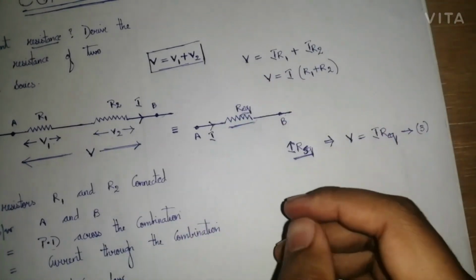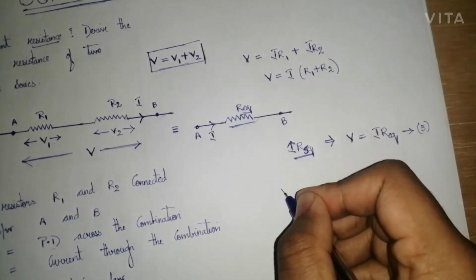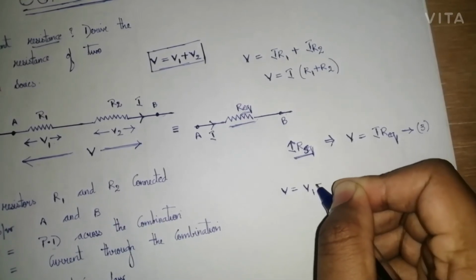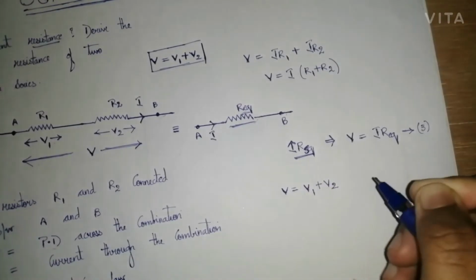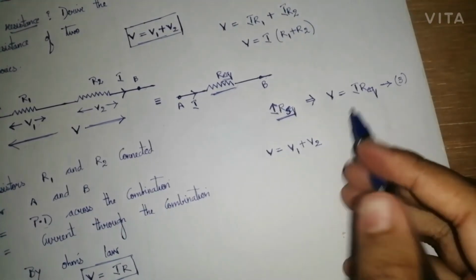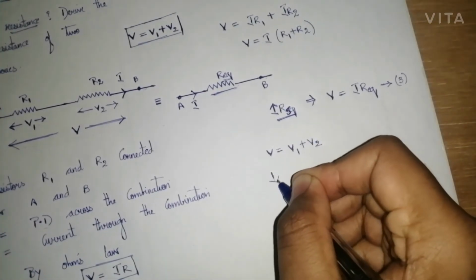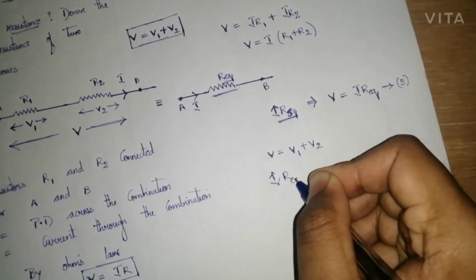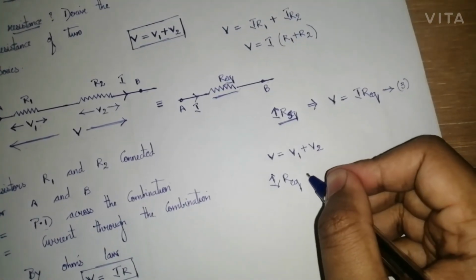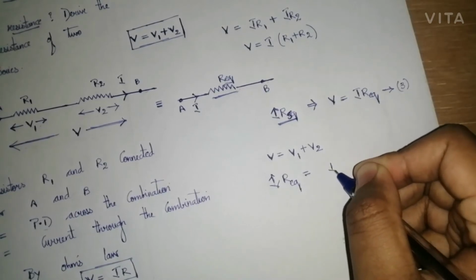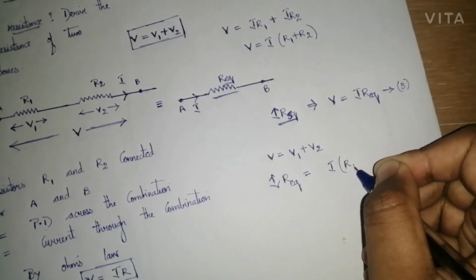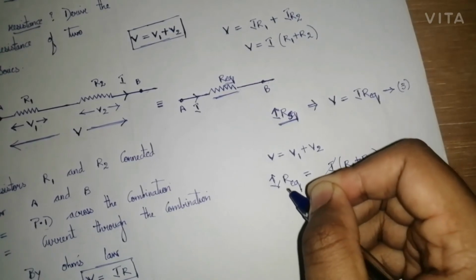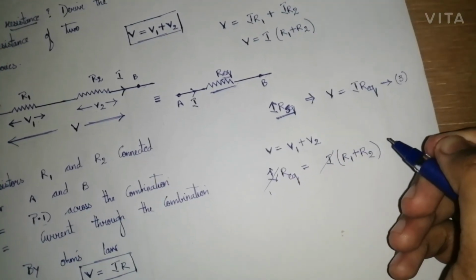Now when you substitute back, V is equal to V1 plus V2. So your potential V is I into R equivalent, which is equal to I into R1 plus R2. So I and I cancel out.